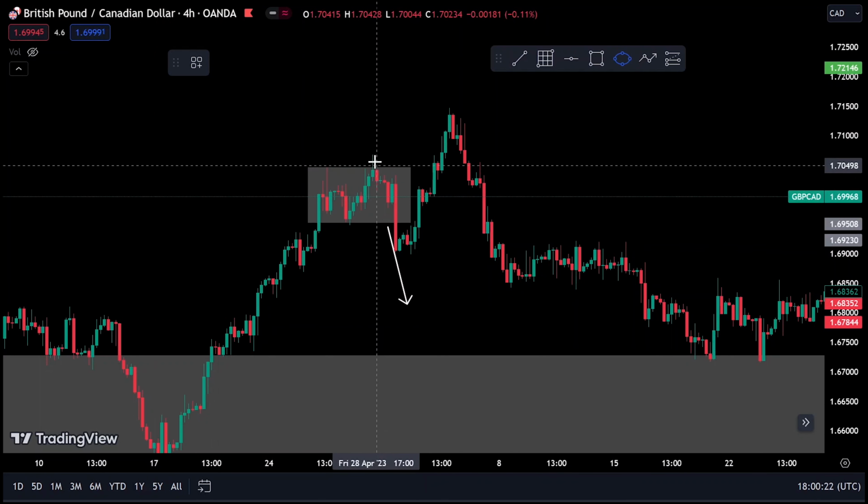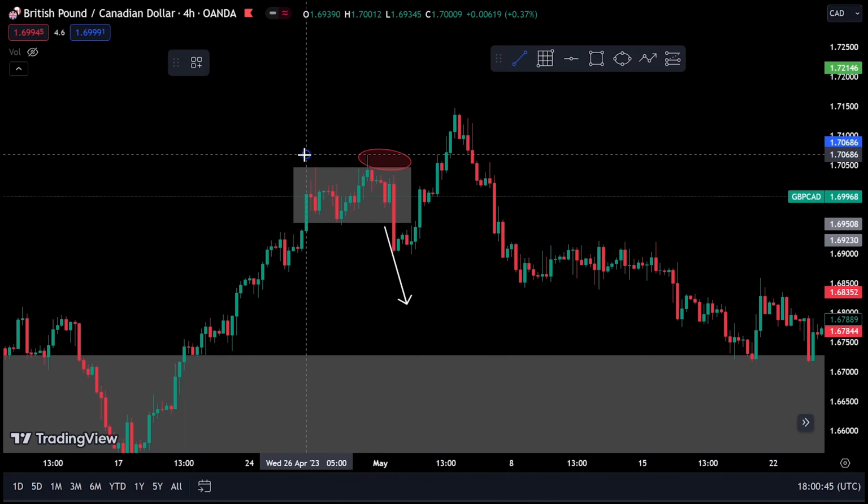Let's say right above the range. Okay, so they're going to put their stop losses here. Good, and then the institutional traders came all the way and took them out of the market. You can see now they are being taken out of the market.